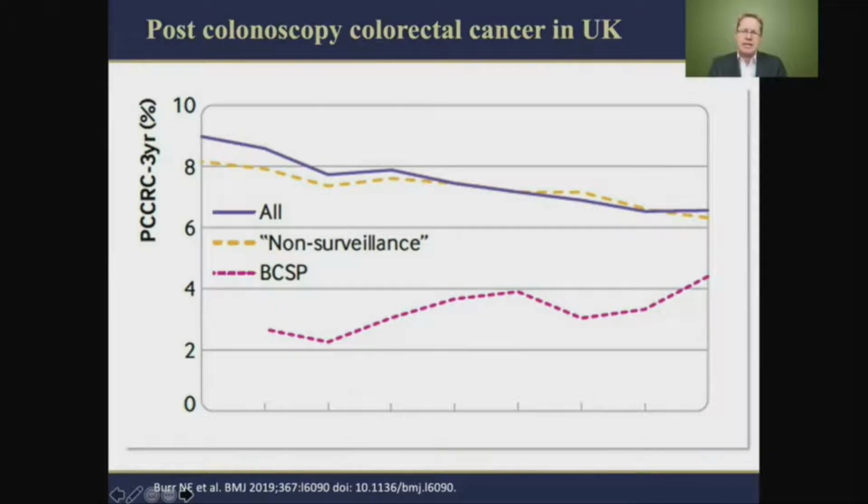And we can see that if your performance is optimized, but by optimized here, we're using a surrogate of bowel cancer screening colonoscopists, we can potentially drive that post-colonoscopy colorectal cancer rate down lower, maybe somewhere between 3 and 4%.